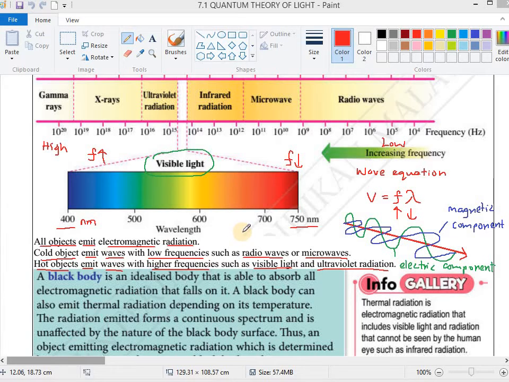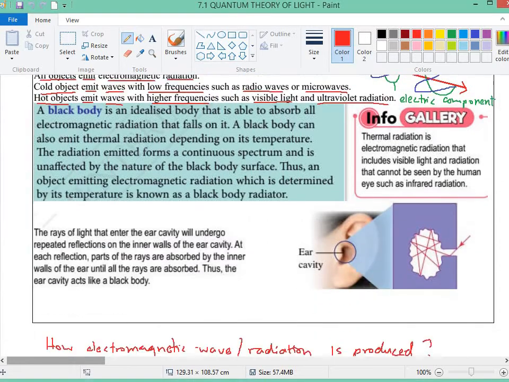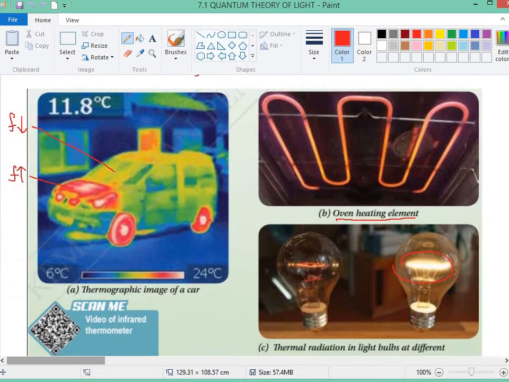Okay, so in part 1 we learned that all objects emit electromagnetic radiation. A cold object will emit waves with low frequency, while a hot object will emit waves with higher frequency. Let's look at the oven heating element again.